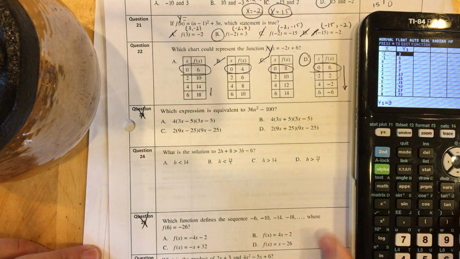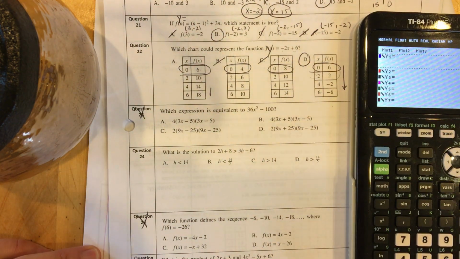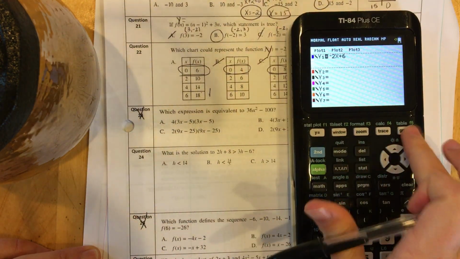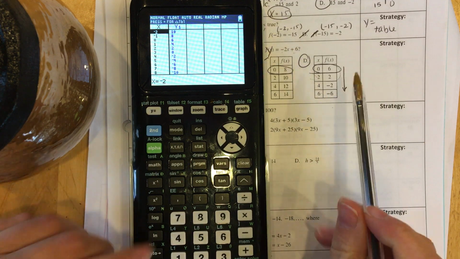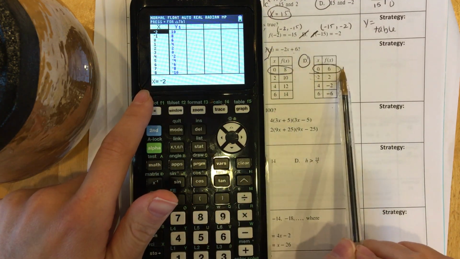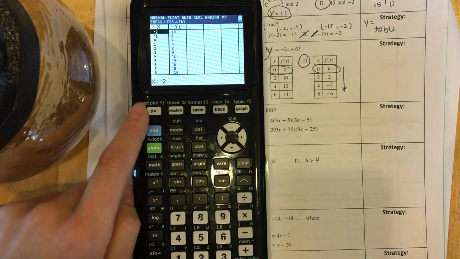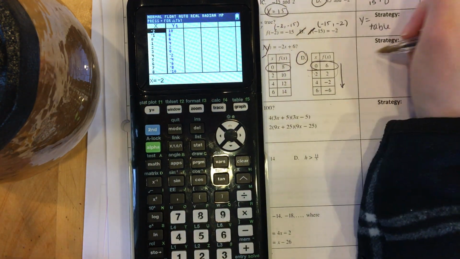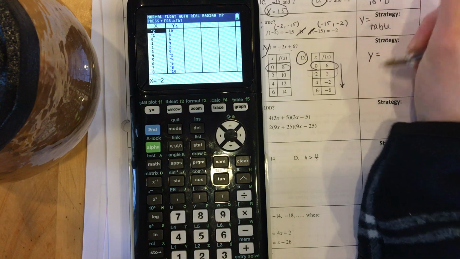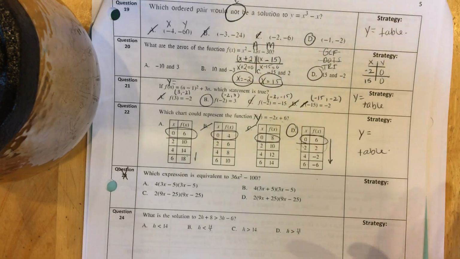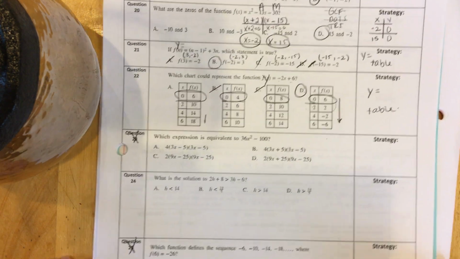So in y equals, you're going to plug in your negative 2x plus 6. And then you're going to go to your table and just make sure that these points match. So 0, 6; 2, 2; 4, negative 2; and 6, negative 6. So that one, I would say the strategy would be to plug into your y equals and match with the table. Okay, those are a lot of the same strategies, but they are really effective and they help you with multiple choice.